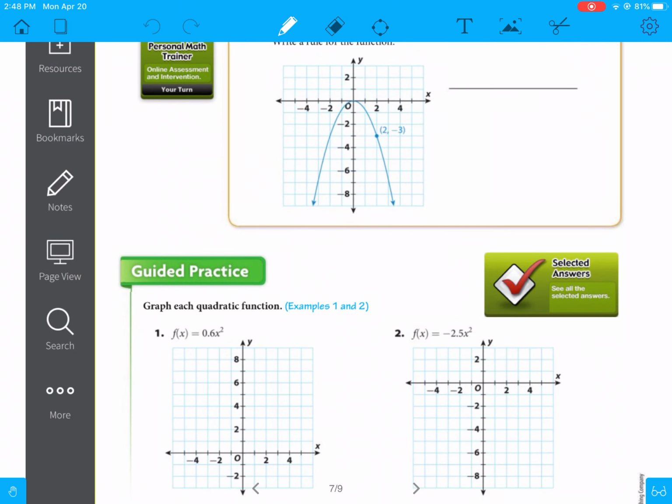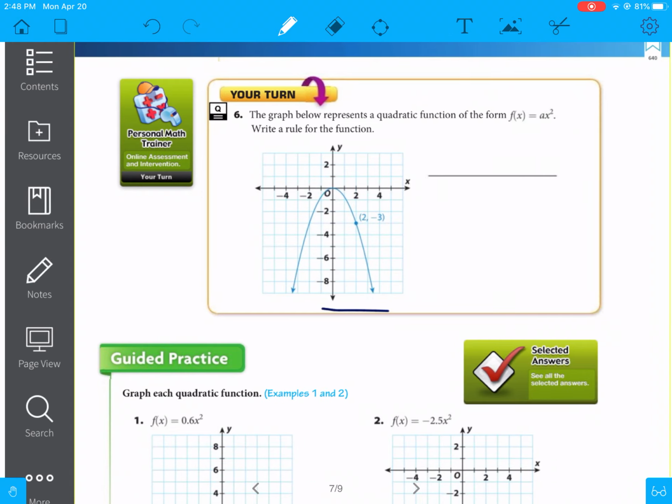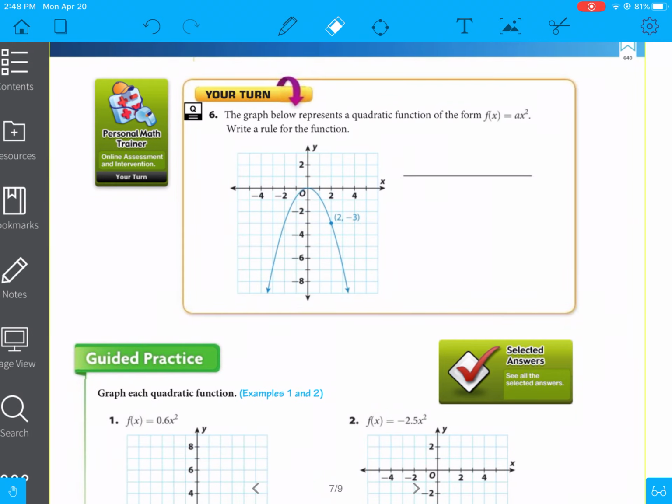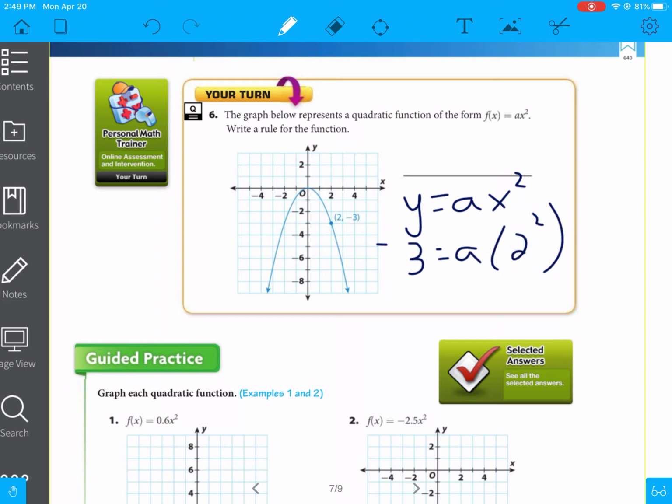So we'll look right here at the your turn. So we have 2, -3. So it's going to be y equals ax squared. So our y is -3. -3 equals a times 2 squared.